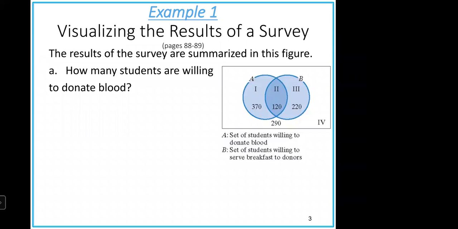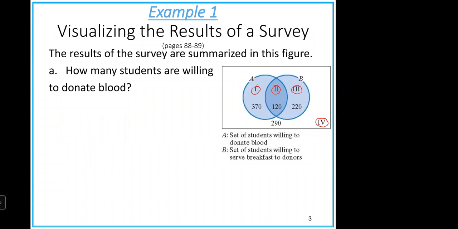And so we have two sets that overlap, set A, set B. And of course, I mentioned to you in previous lesson that sometimes with sets, we use Roman numerals to represent regions. So these here, 1, 2, 3, and 4, those are not members of the set. They're just identifying regions within the set.